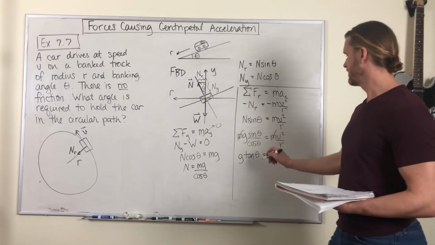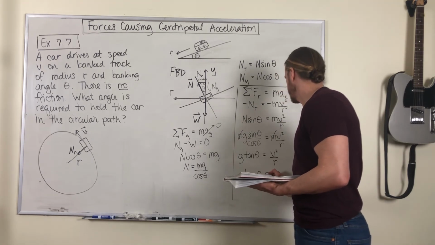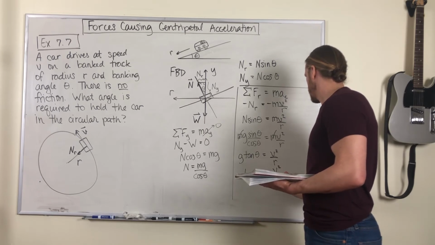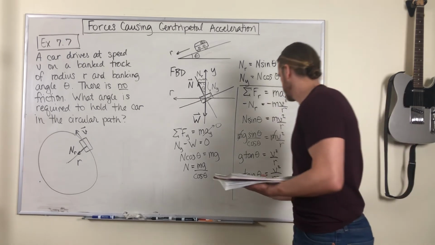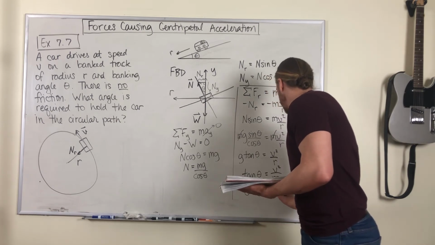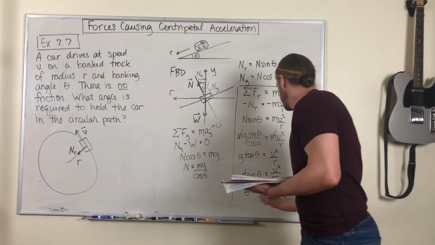Okay, so finally we get this relationship that tangent theta is v squared over r g, or if you prefer, theta equals inverse tangent v squared over rg.